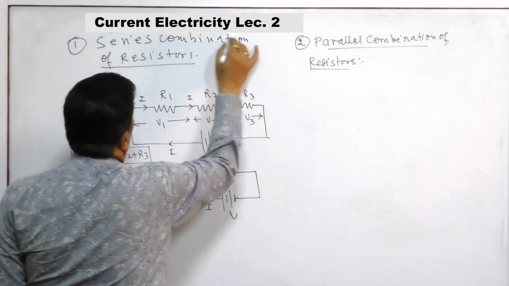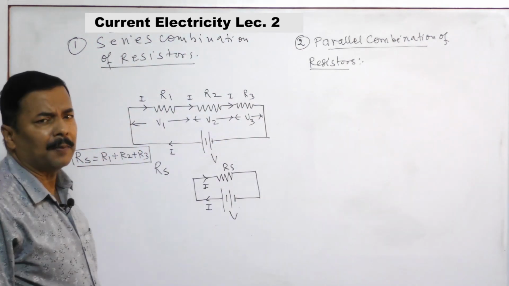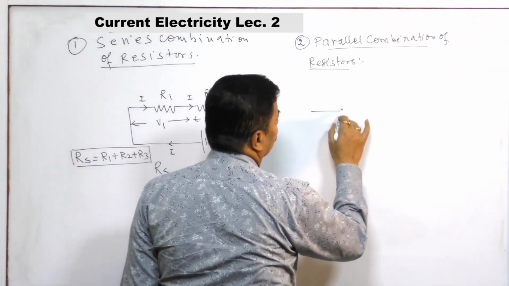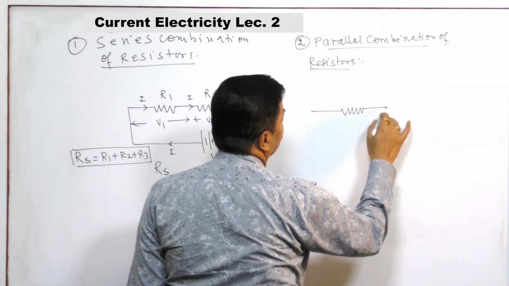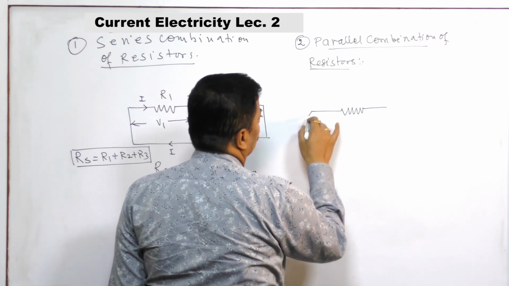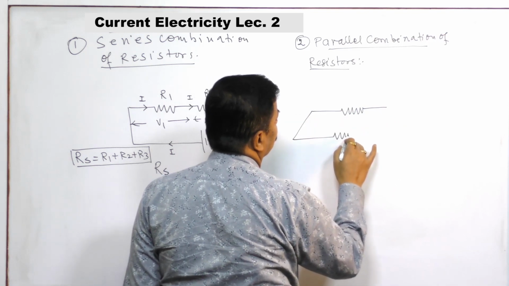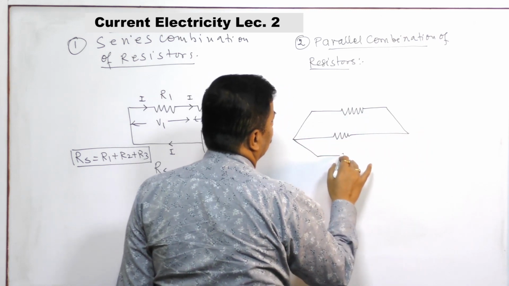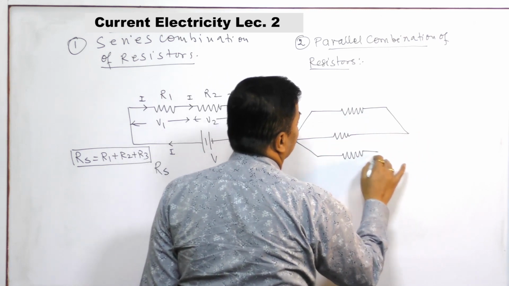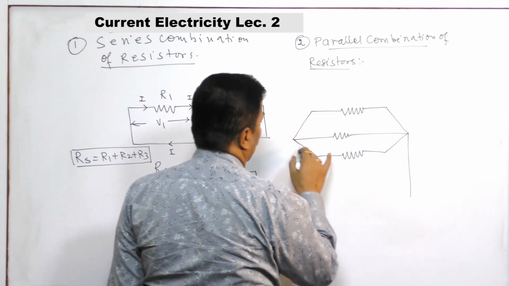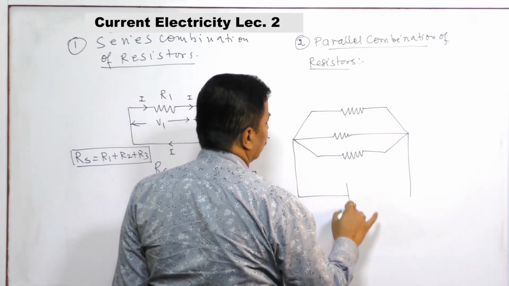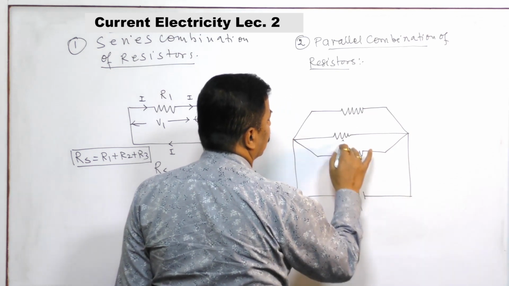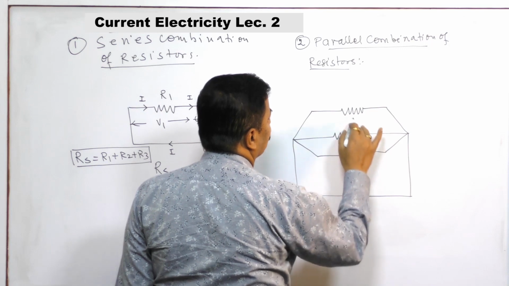In parallel combination of resistors, you will find that the resistor arrangement is in this way. The combination of resistors is like this, and with an external source, this is R1, this is R2, this is R3.